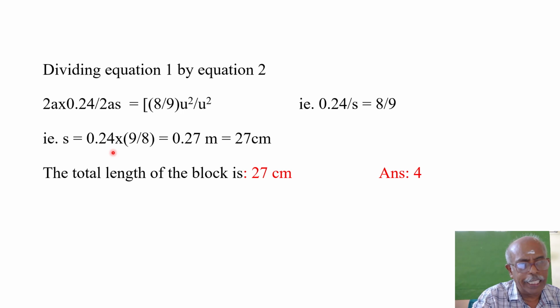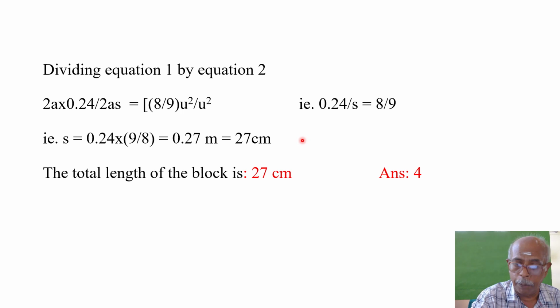So 9 by 8 into 0.24 is equal to 0.27. What is that? 0.27 meter, which is equal to 27 centimeter.